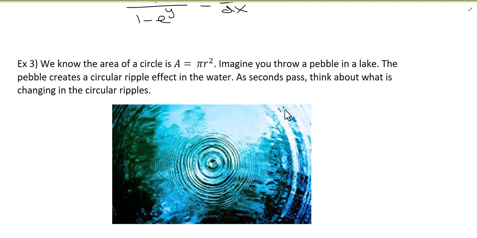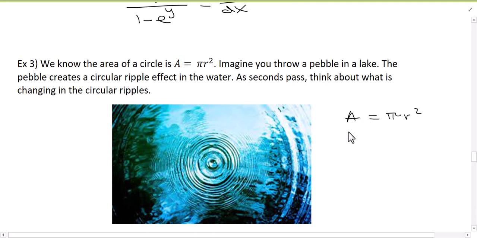So I could rewrite A equals pi r squared. Since they're functions of time, I could say then A of t is equal to pi r of t squared, because time is really the independent variable. As time changes, that's affecting how the area changes and how the radius changes.